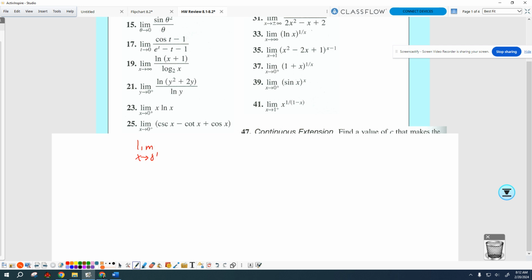First thing, L'Hopital's doesn't apply because there's 3 different lumps. I need to do some kind of common denominator. Cosecant is 1 over sine. Cotangent is 1 over sine. Well, it looks like this guy's gotta become 1 over sine as well.